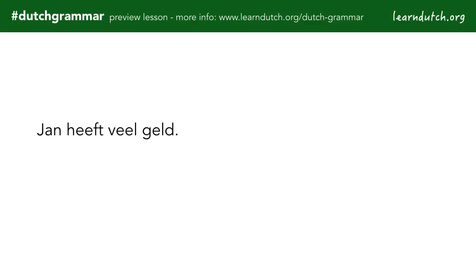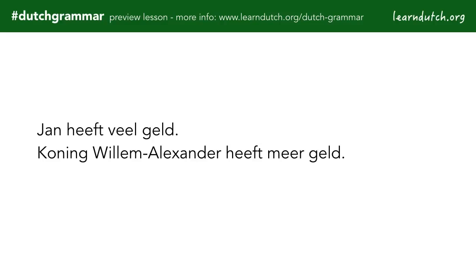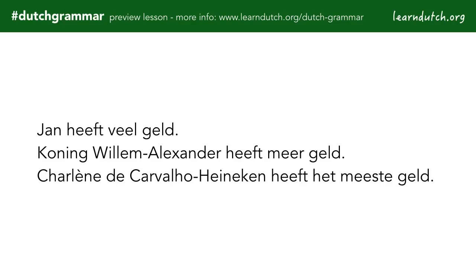Jan heeft veel geld. Jan has a lot of money. Koning Willem-Alexander heeft meer geld. King Willem-Alexander has more money. Charlène de Carvalho Heineken heeft het meeste geld. Charlène de Carvalho Heineken has the most money.